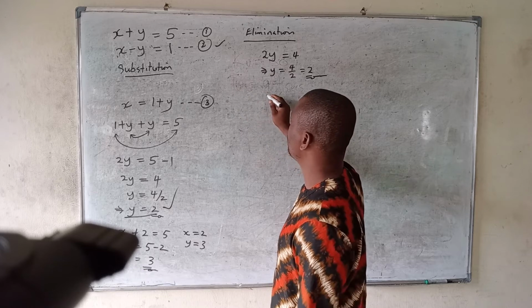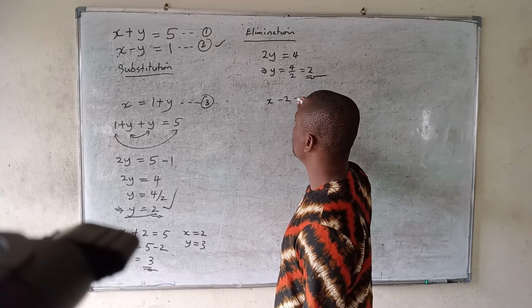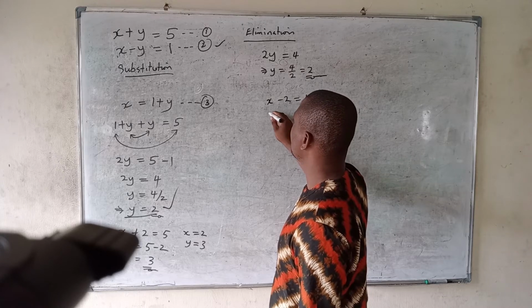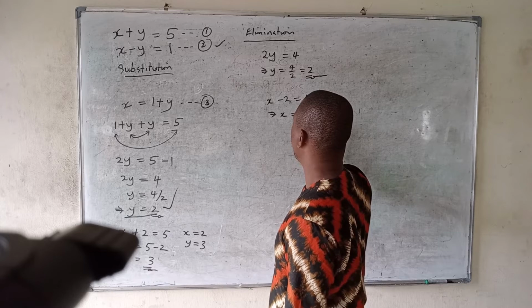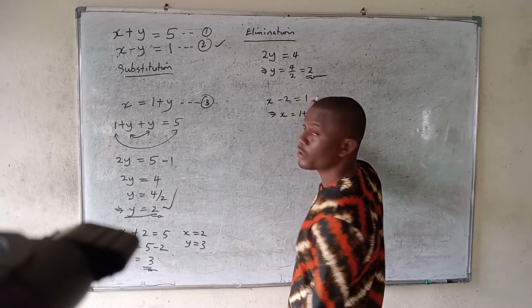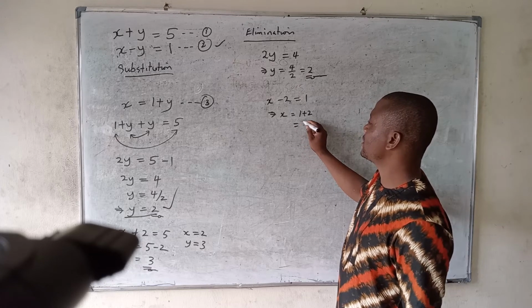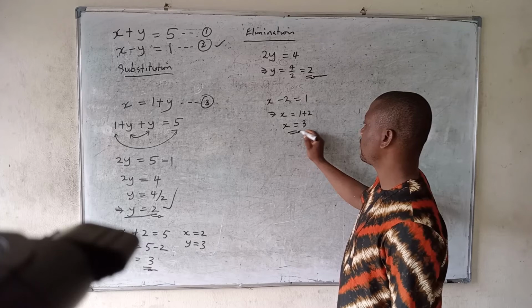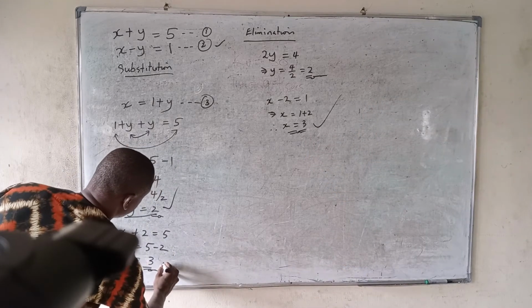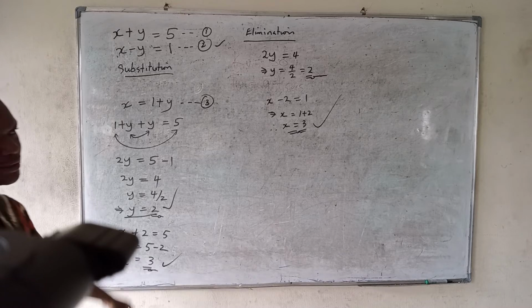From equation 2, we have that x minus 2 is equal to 1, which implies that x is equal to 1 plus 2, because when this 1 crosses over, it becomes positive, which is 3. So x is equal to 3, which is the same as what we got in our earlier computation.